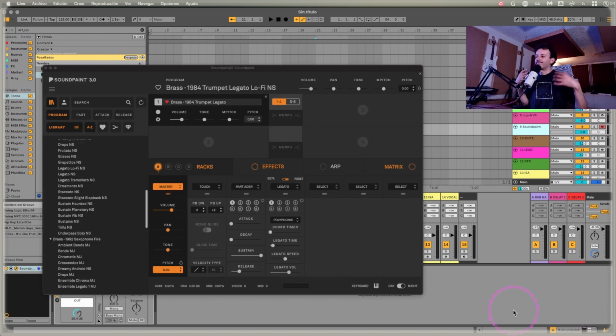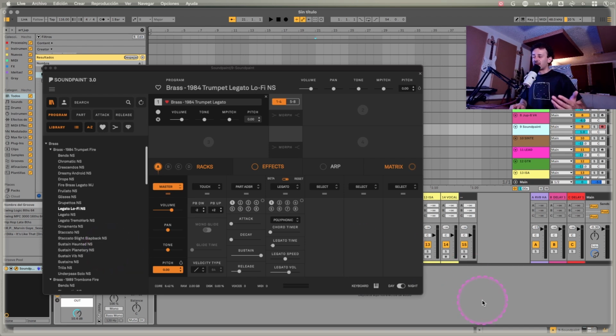You have these metal melodic instruments that when you group them all together, you have this extra layer of harmony. There are so many libraries that actually sound good. This is one of the libraries that I really like how it sounds because it gives me that actual limit of what a brass player would actually do.